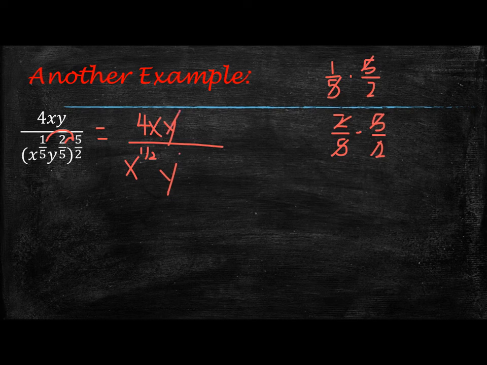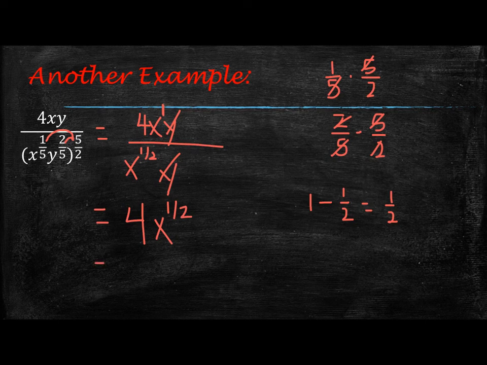The y's would cancel, but then I take 4x, where x is to the first power, and I have x to the 1/2. When you divide exponentials, you subtract those exponents. So 1 minus a half is equal to 1/2. That would just be 4 times x to the 1/2.